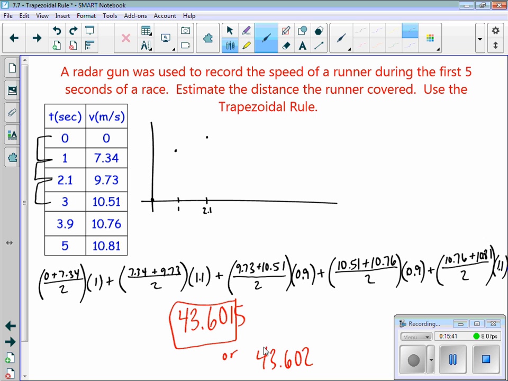So either of these answers gets you the answer point on the AP test. This is called truncating it, and this is obviously rounding it there. No, 43.601 is fine because they truncate it. Yeah, so that is completely fine. You can either truncate it yourself or you can round it yourself. Okay.